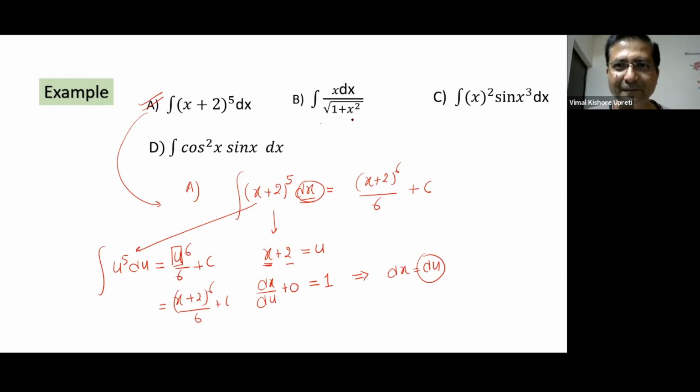Integrate this one, try the second one. If anyone is not understanding any point anywhere, just tell me immediately, because slowly I'll increase the level.